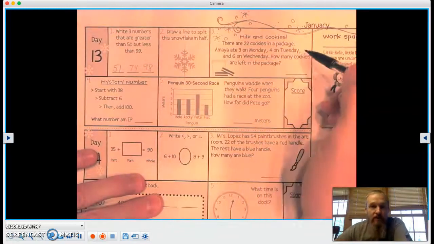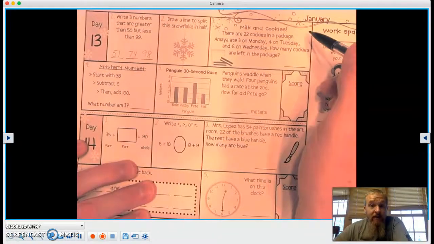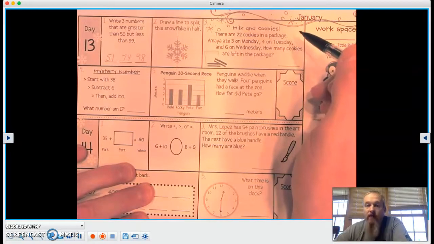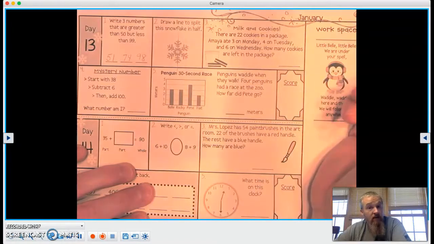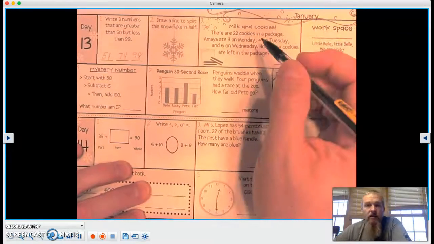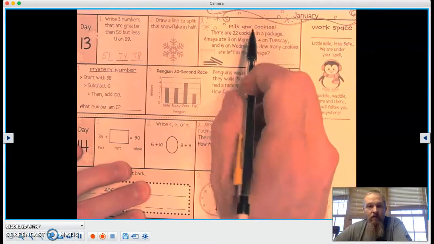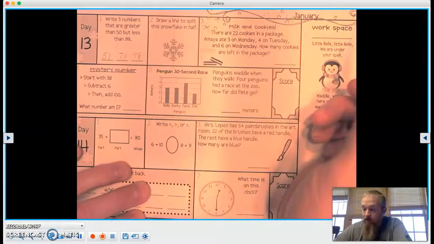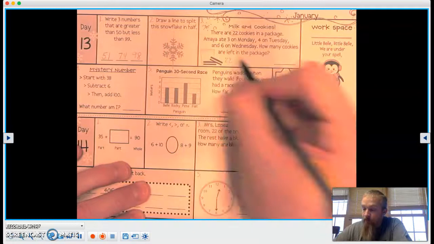All right. Number 3, milk and cookies. There are 22 cookies in a package. Amaya ate 3 on Monday, 4 on Tuesday, and 6 on Wednesday. How many cookies are left in the package? All right, so first we've got to know how many there are total. Well, there's 22, right? Okay, so we're going to start with 22.